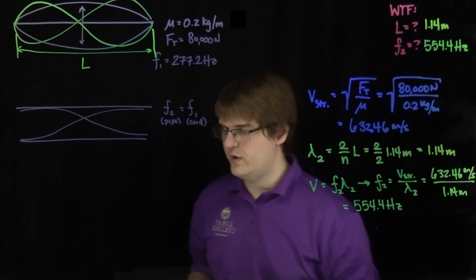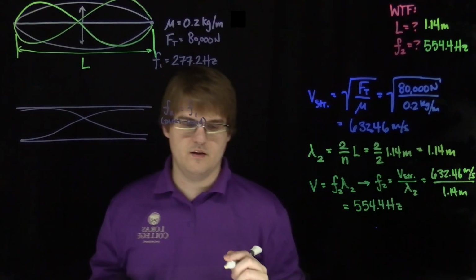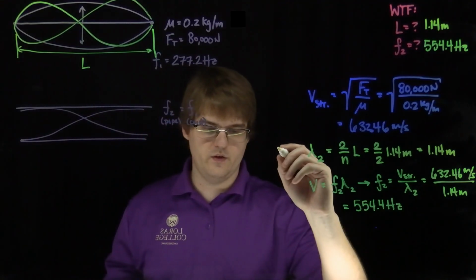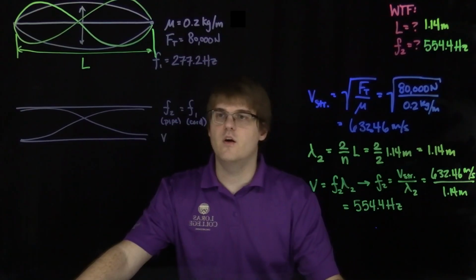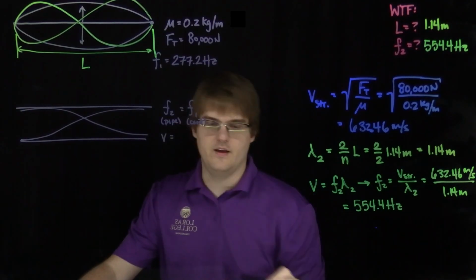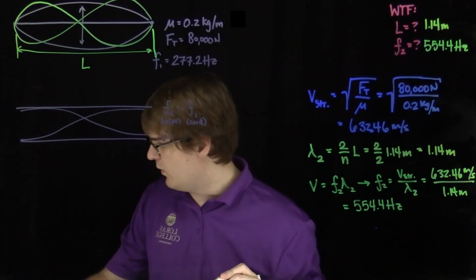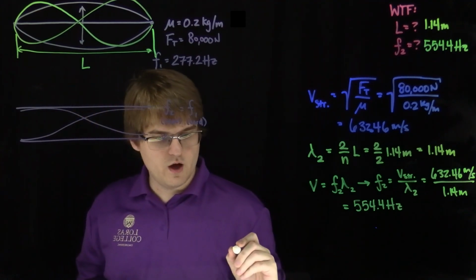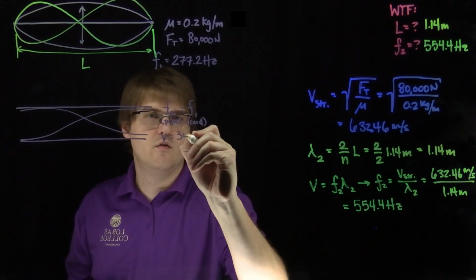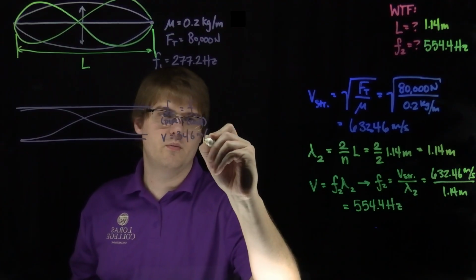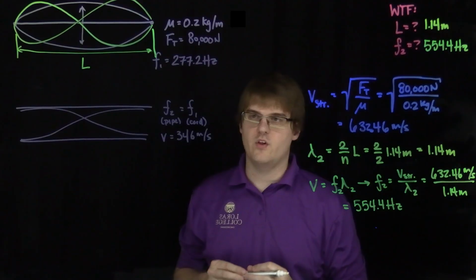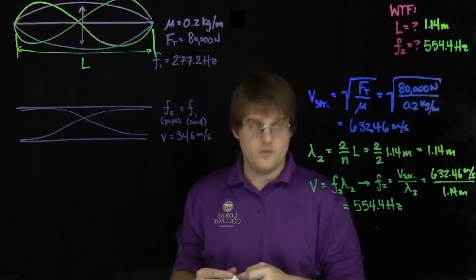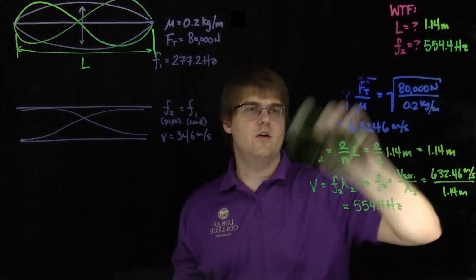And with this, we are told that the velocity is approximately our default velocity for sound in air, which is 346 meters per second. So 346 meters per second is our velocity.